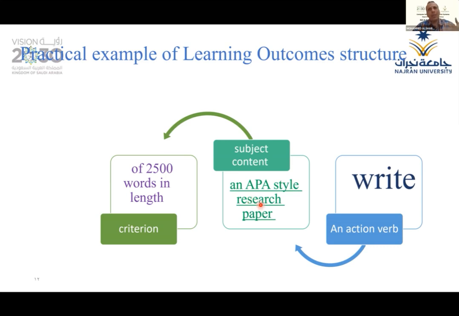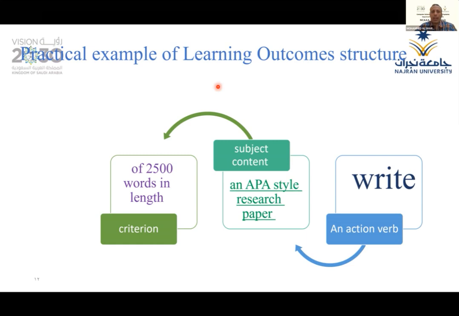What do I need them to do with it? Writing is a different skill, reading the paper is a different skill, and reviewing as a reviewer in the journal is a different skill. Then what is the acceptable level? We write: write an APA style research paper of 2,500 words in length. So these are the 3 parts of a good learning outcome structure.